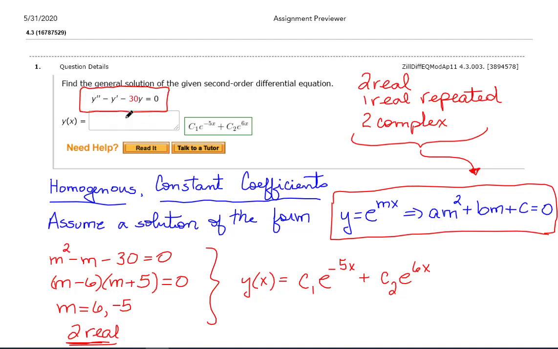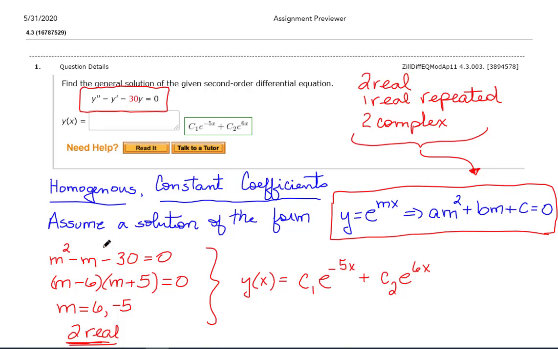So, the idea here is we're going to assume a solution of the form y equals e to the mx. What that generates for us is a quadratic equation that needs to be solved to figure out what are the proper exponents to be on our e to the mx.